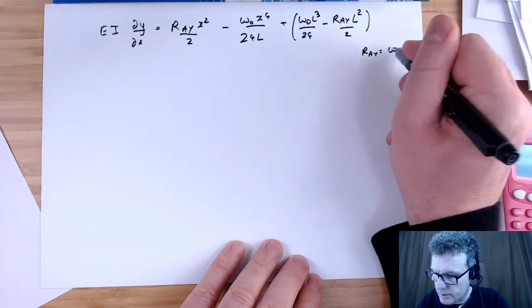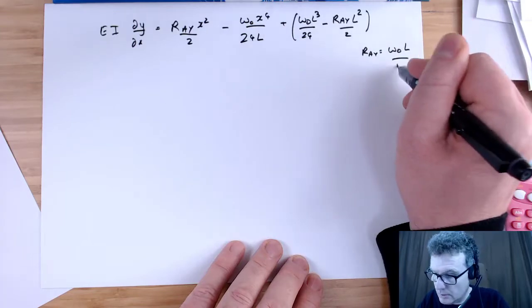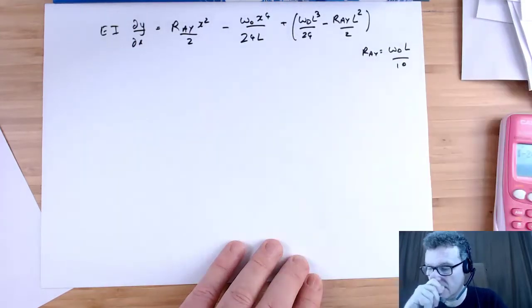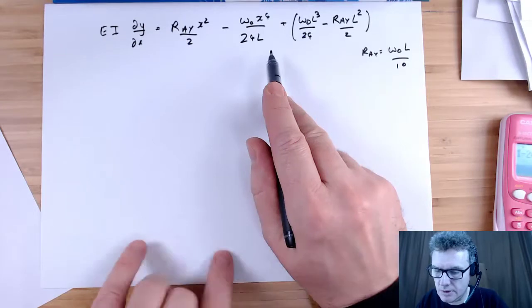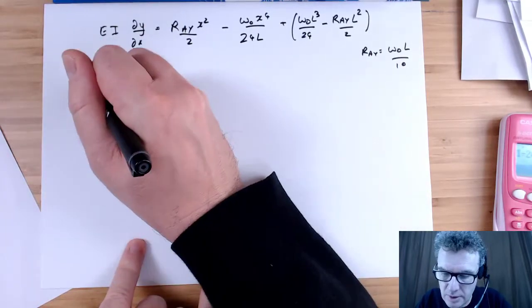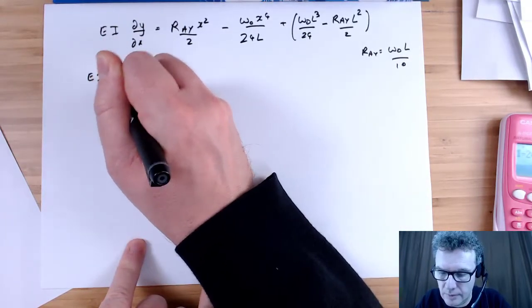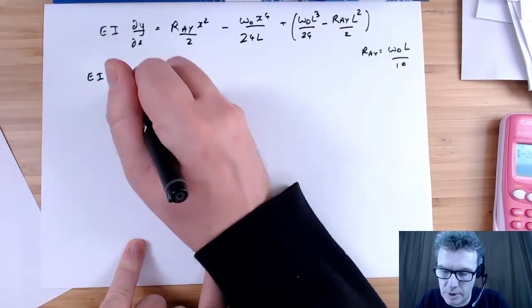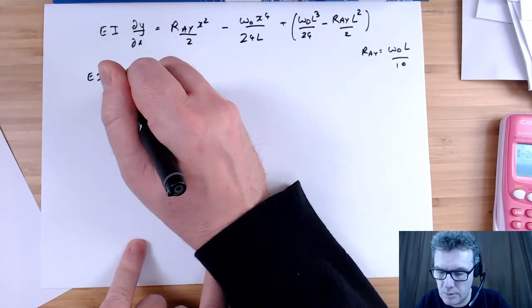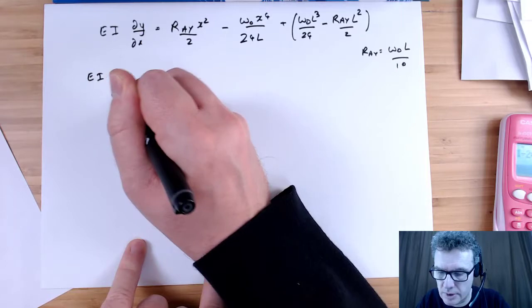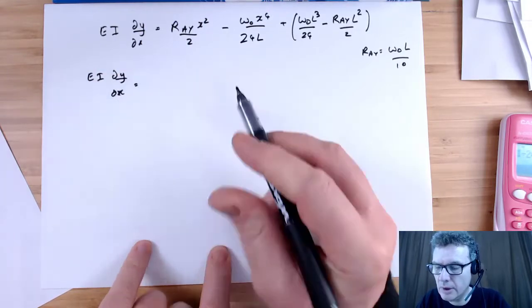RAY is W0 L over 10. So we need to substitute that into here. So EI, strictly speaking, that should be on the bottom, on the other side. Never mind, leave it there.